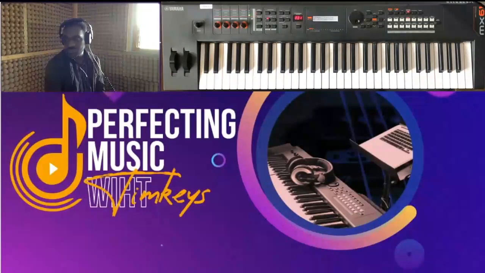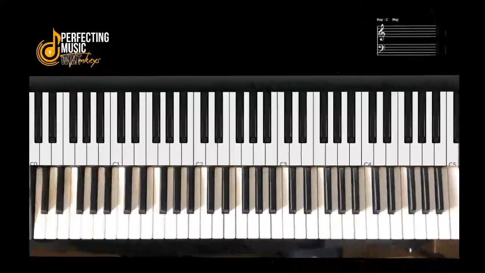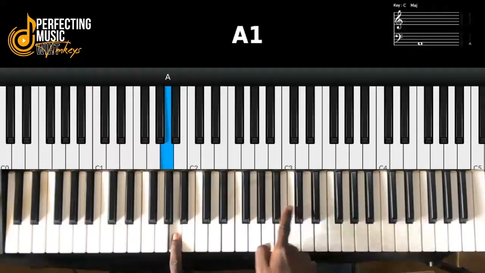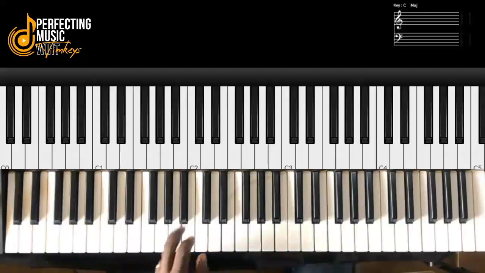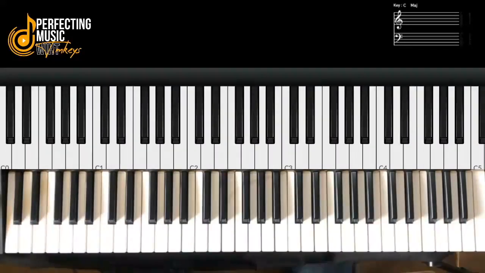So sharps and flats are called accidentals, and we have 5 of them. Notice that we have A, but what are these black notes here? Look at the black notes. Those are what we call accidentals, sharps and flats. So when you play A, the next immediate note is going to be A sharp.